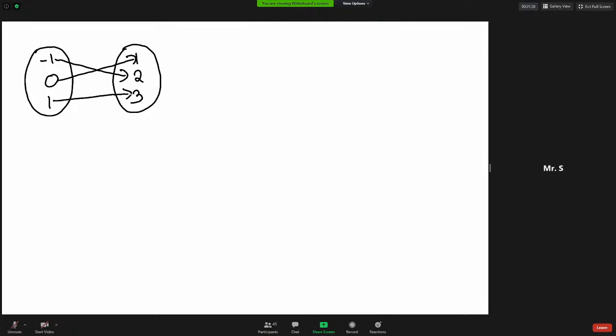And any relation, we can write it as a set of ordered pairs, because an ordered pair connects two values, one from the first set, and the second one from the other set. So if we use a set of ordered pairs, we can also write down this relation using a different format. If this is my domain and this is my range, and I have the following correspondence between my elements, then -1 corresponds to 2.